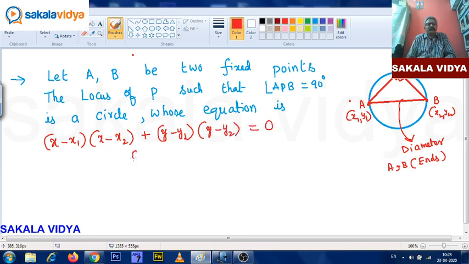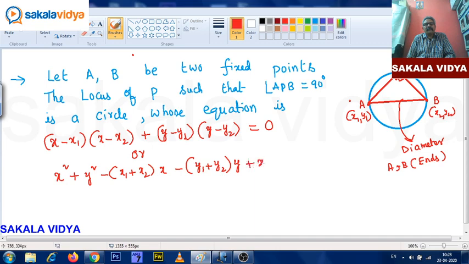Or you can remember it like this also: x square plus y square minus (x1 plus x2) x minus (y1 plus y2) y plus x1 x2 plus y1 y2 is equal to 0. So, like this also you can remember. Understood now?